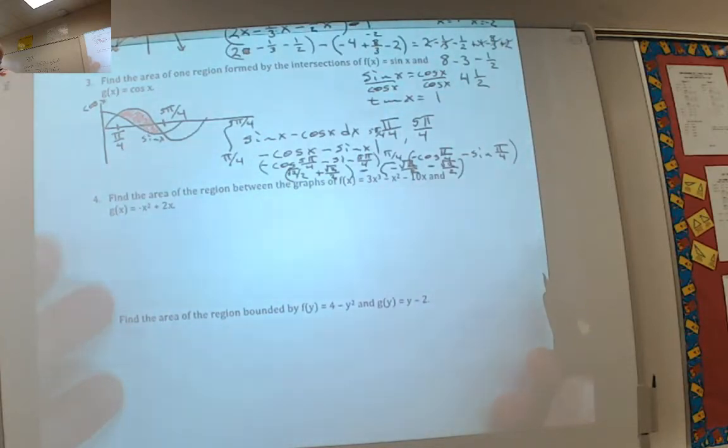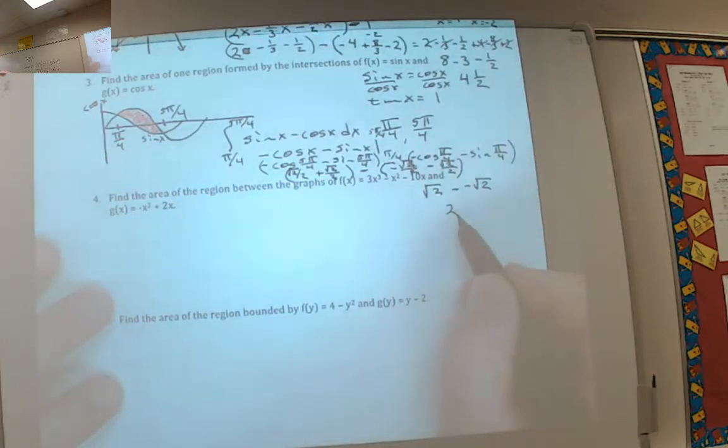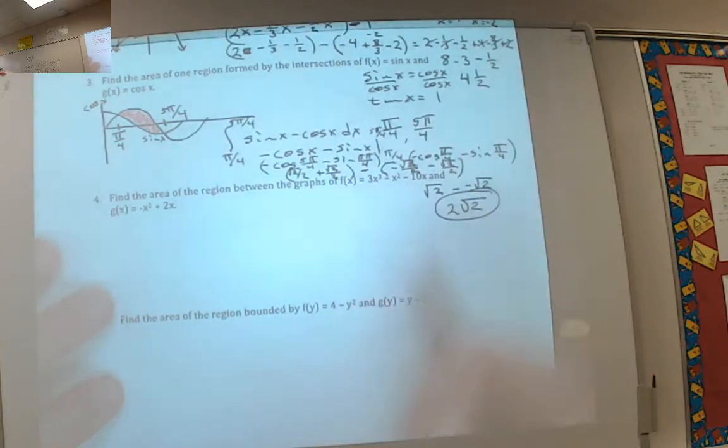Or a half a square root of 2 plus another half a square root of 2 is how much? Square root of 2. So I got the square root of 2 minus the negative square root of 2. What does that give me? 2 square root of 2. Perfect.